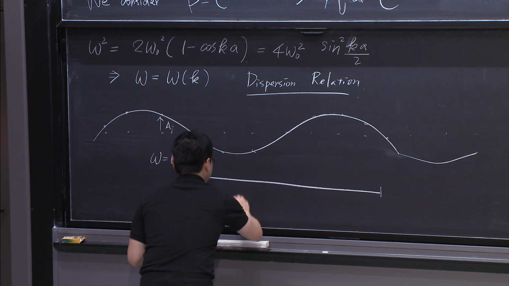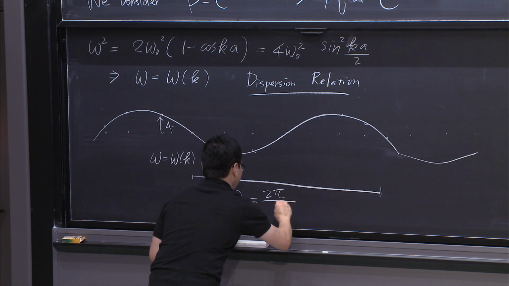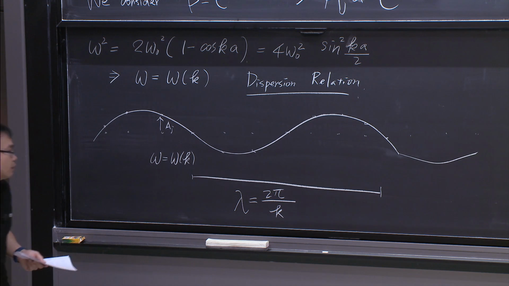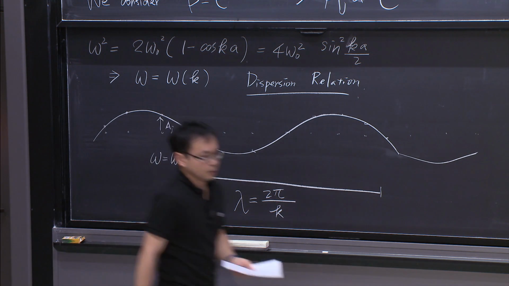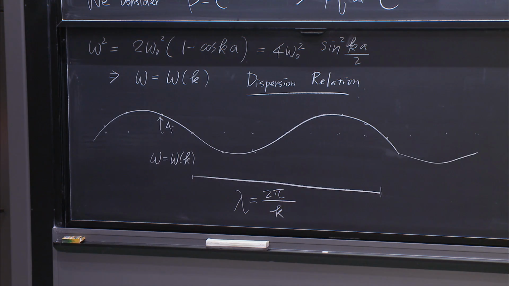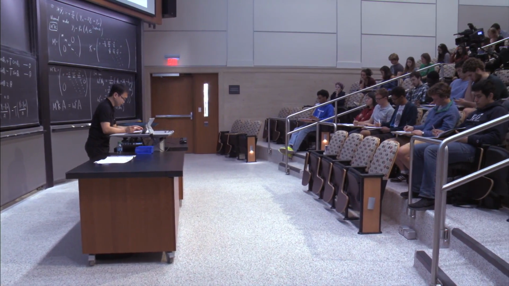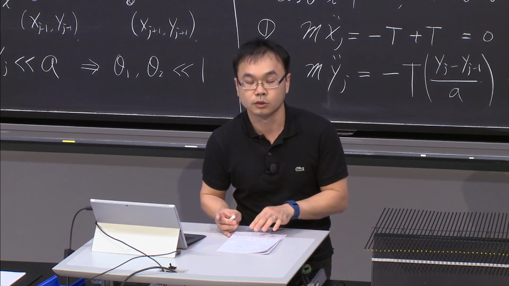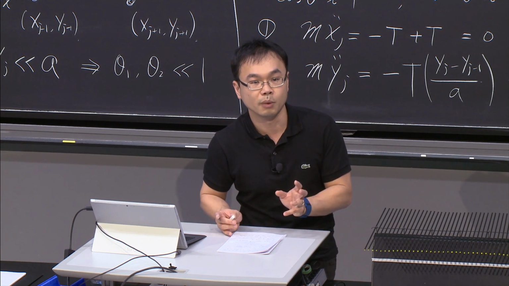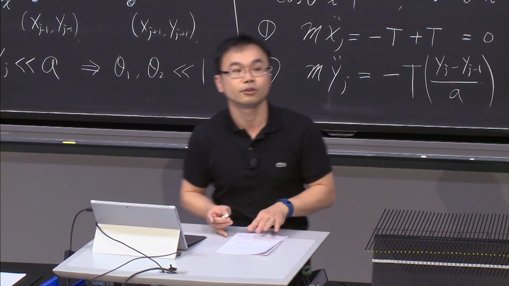This is determined by k, the wave number, and of course, you can also get the wavelength from 2 pi over k. In short, if you give it a specific wave number or wavelength, then the oscillation frequency is already fixed because of the equation of motion, which we derived from the force diagram. Any questions?